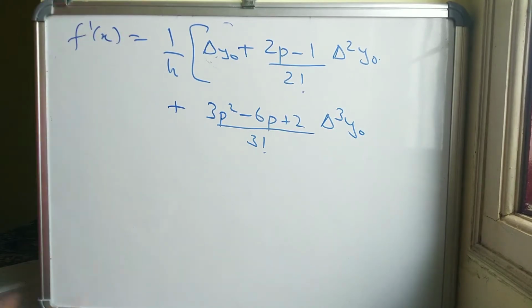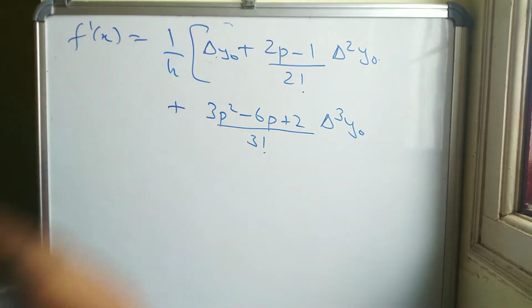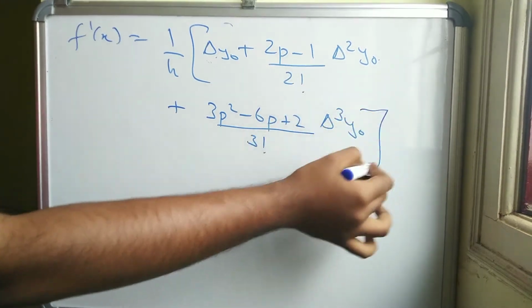Do we have to write the delta power 4 y naught term? No, because delta power 4 y0 is 0, so the whole term becomes 0, so no need to write that.